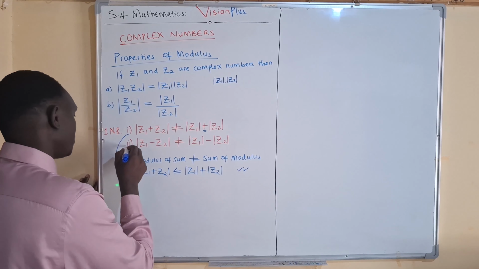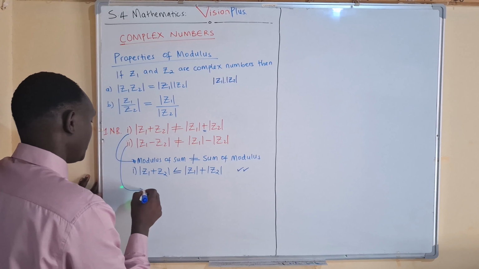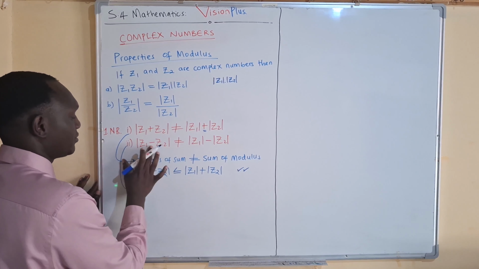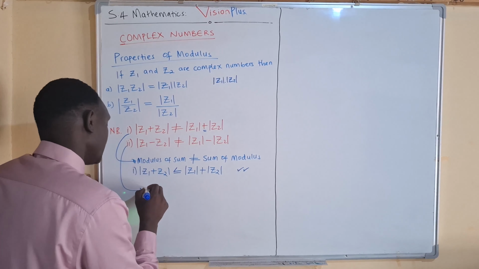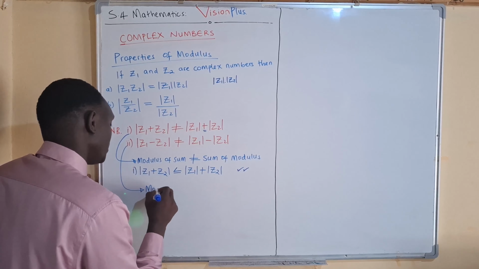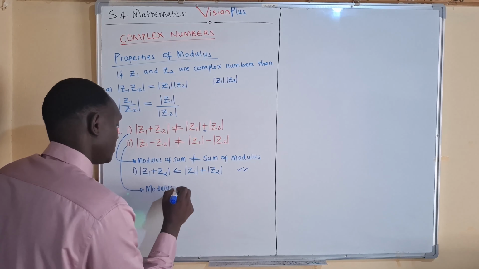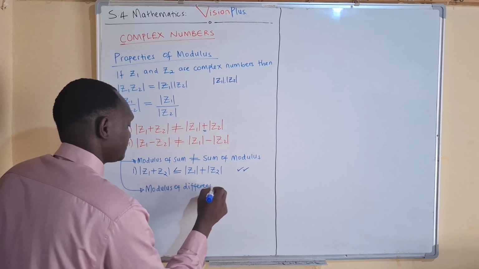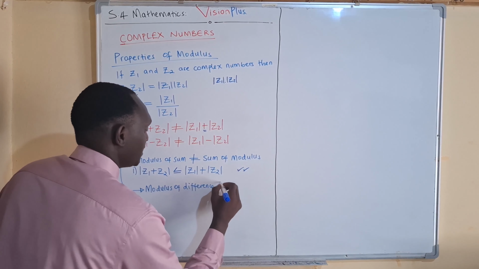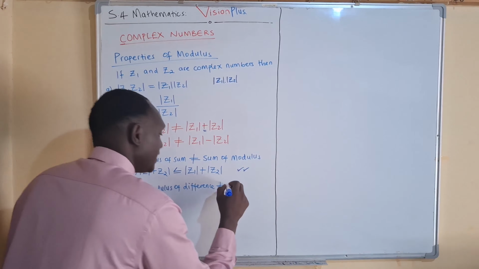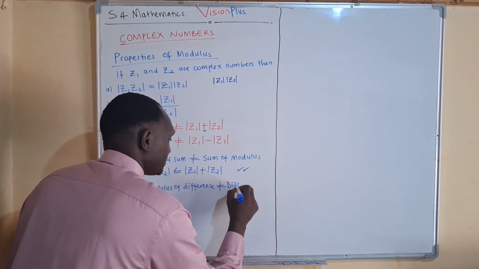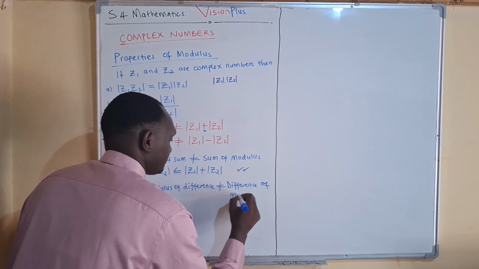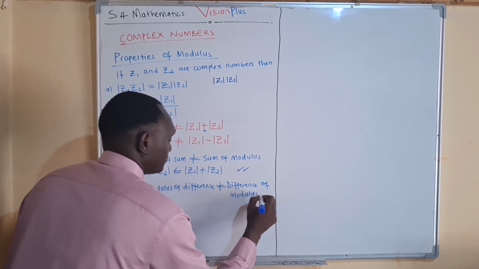How about Roman 2? What is the mathematical interpretation of this? This is the modulus of difference, because here it is minus. And the modulus of the difference is not equal to the difference of the modulus.